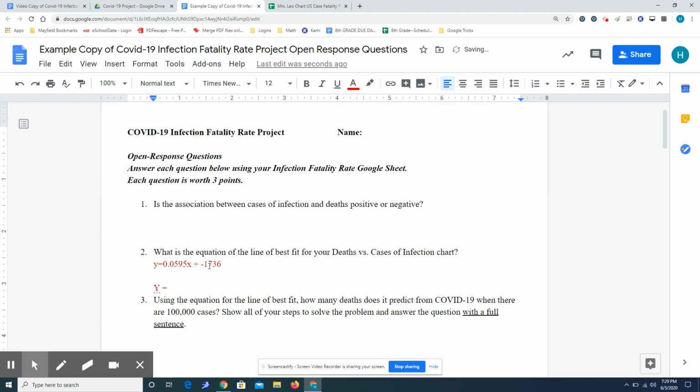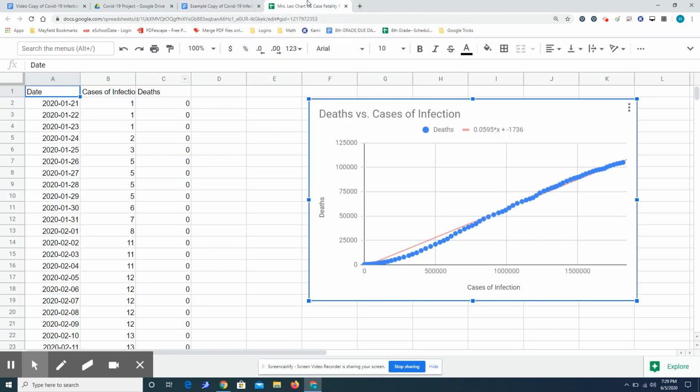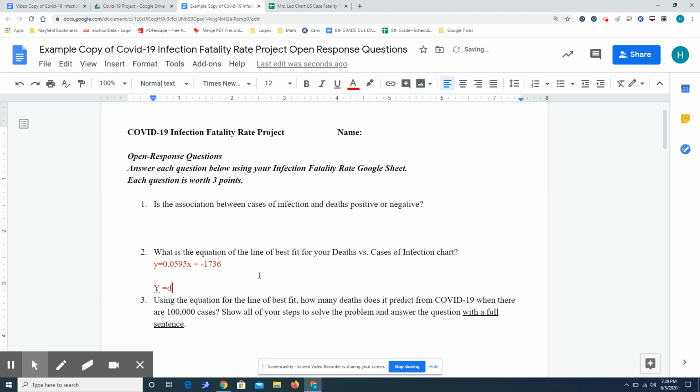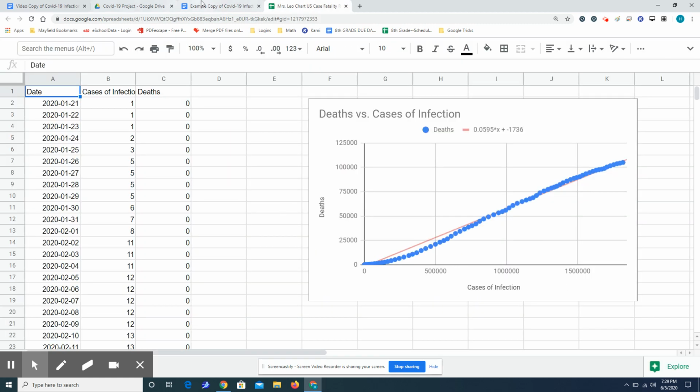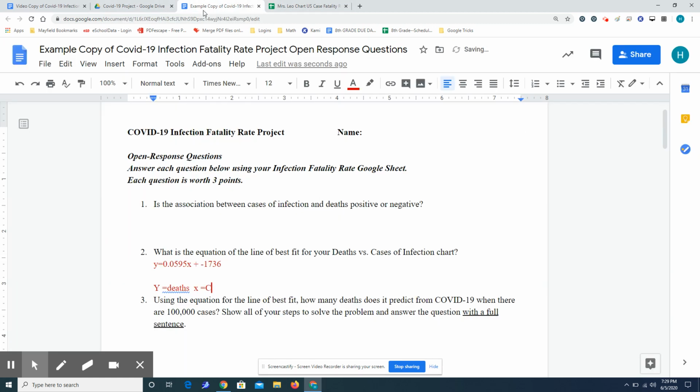If I look back at my chart, my y-axis is deaths, so my y is deaths. And my x-axis is cases of infection. So Y is deaths, X is cases of infection.